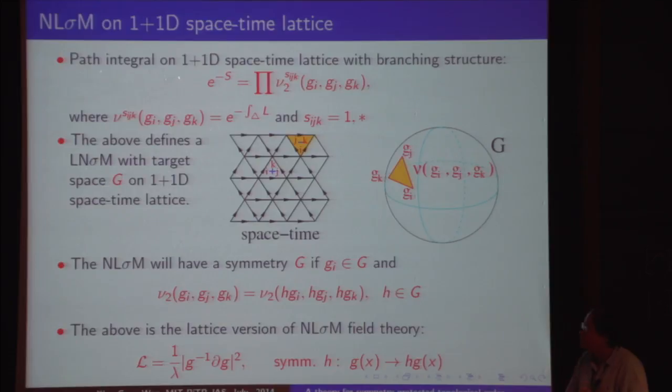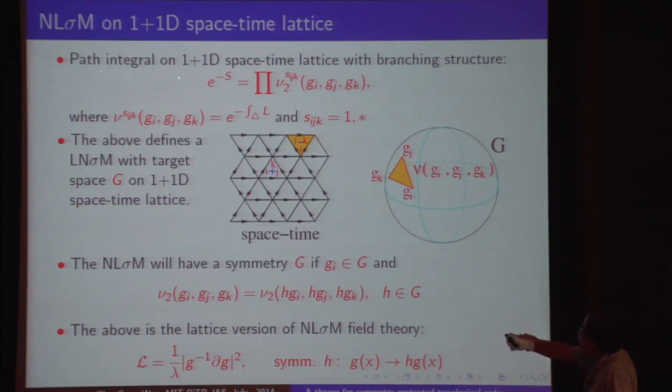Then we say that the action amplitude is this function we associate with each triangle. But depending on orientation, sometimes we have a dagger, sometimes we don't. Sometimes we take the complex conjugate, sometimes we don't. So this is our way to design the nonlinear sigma model on the lattice. And that's it. With this technical complexity, we have designed the nonlinear sigma model on the lattice.